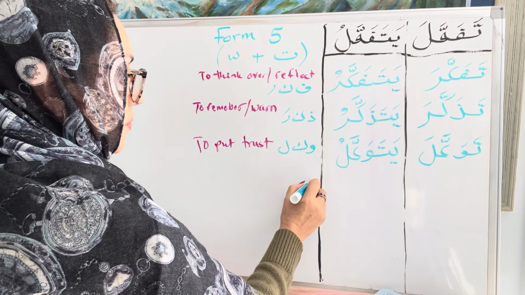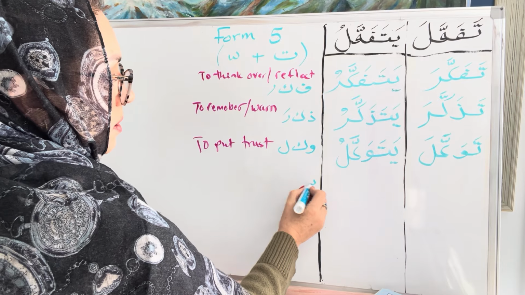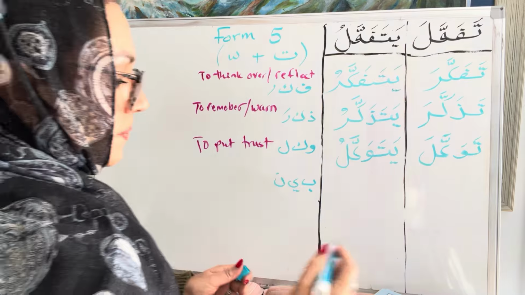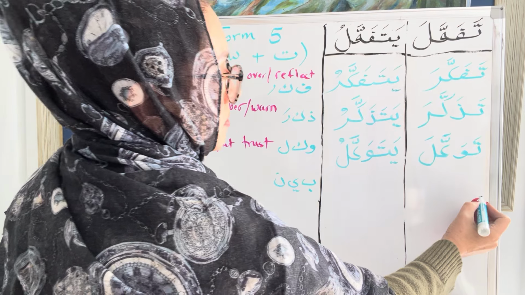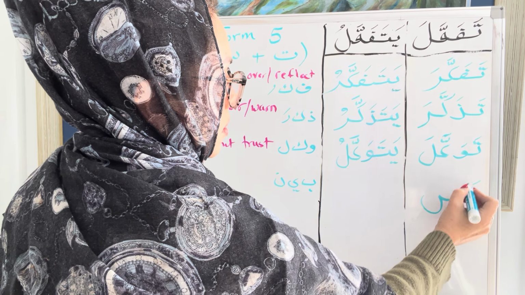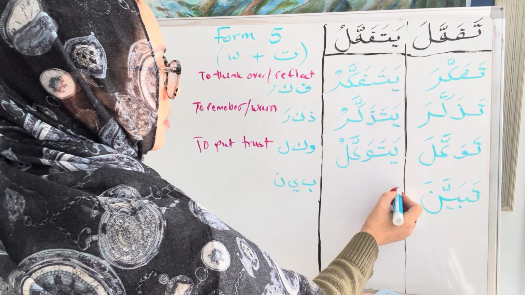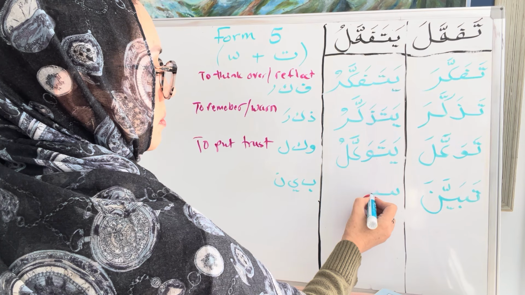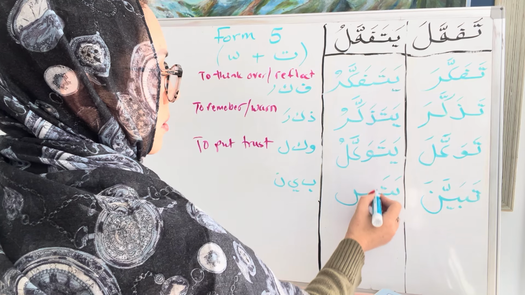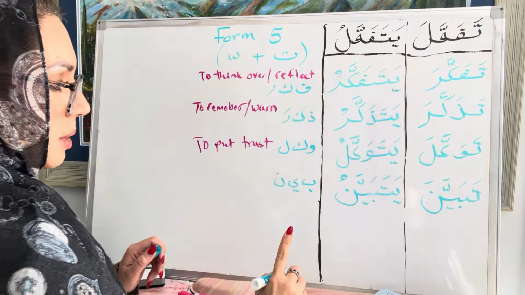The next verb is تبين. The root is, oops, let's write this properly, bayana. So it becomes تبين، يتبين.